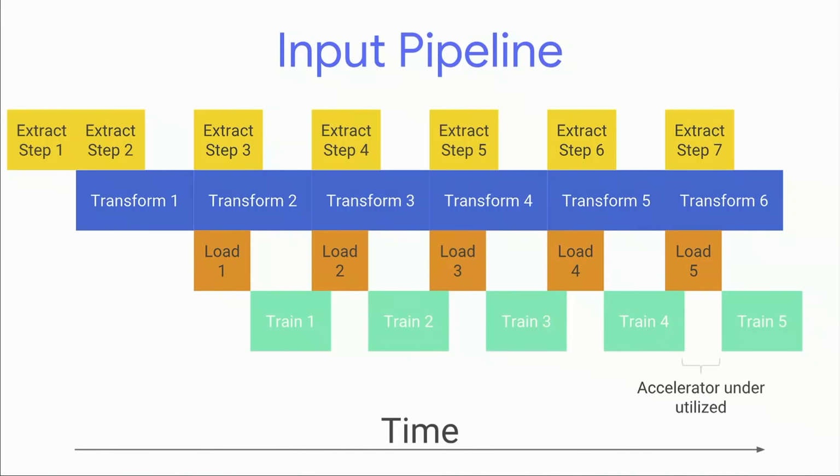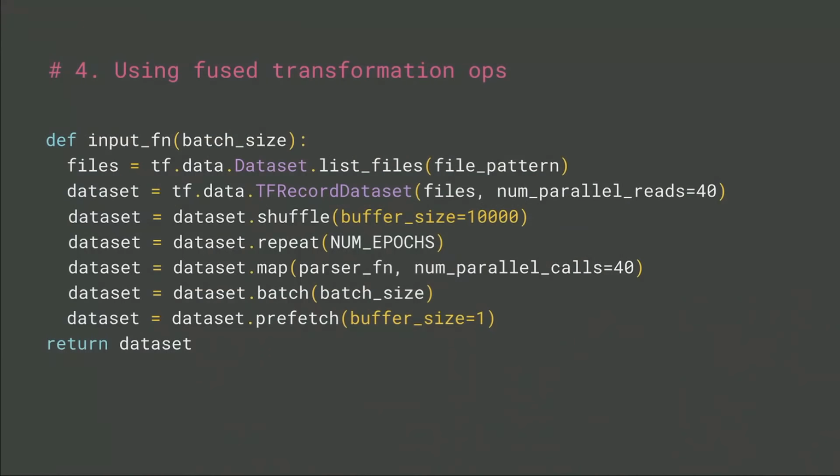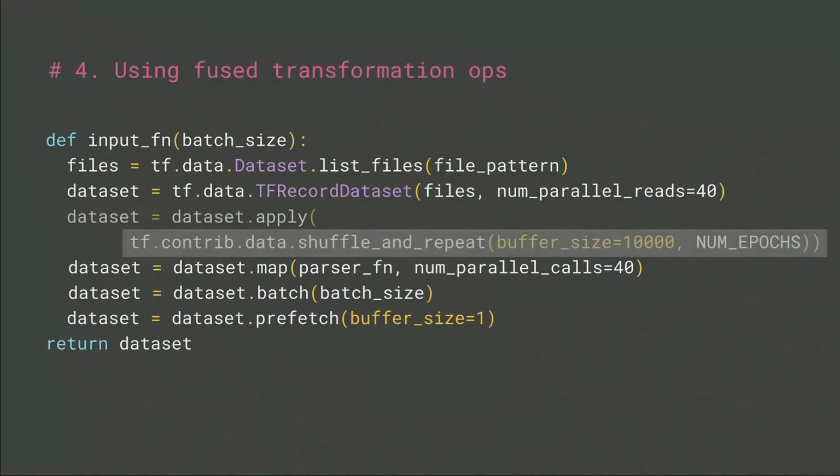There are a few advanced techniques that we can add to our input pipeline to improve this. We can use fused transformation ops for some of these API calls. Shuffle and repeat, for example, can be replaced by its equivalent fused op.